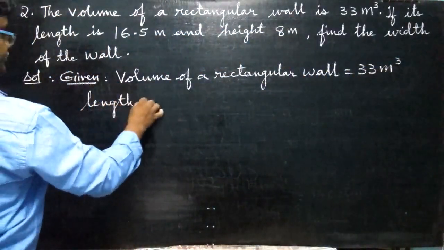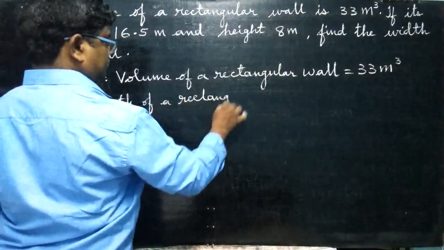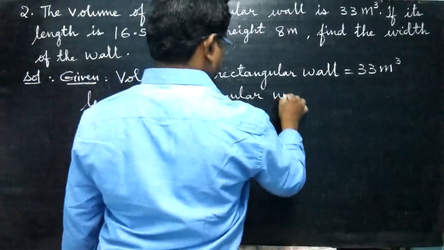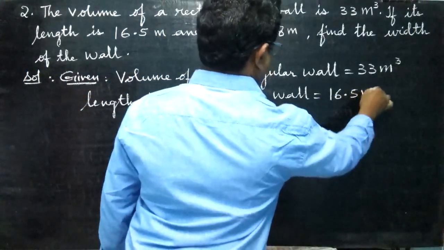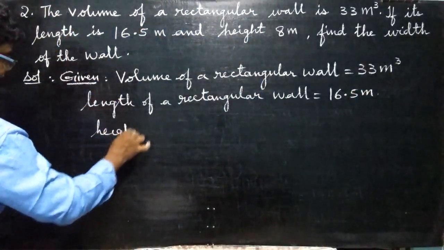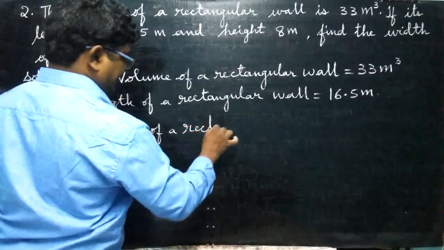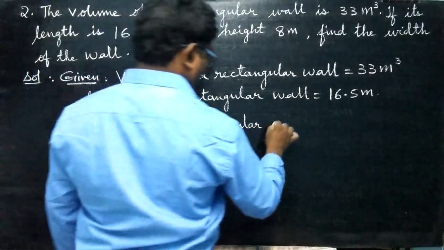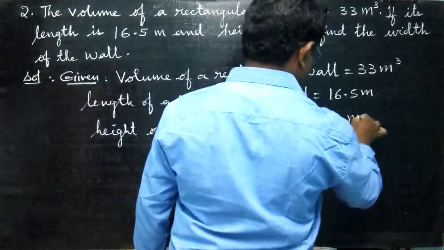Length of the rectangular wall is 16.5 meters. Next they have given height. Height of the rectangular wall is equal to 8 meters.